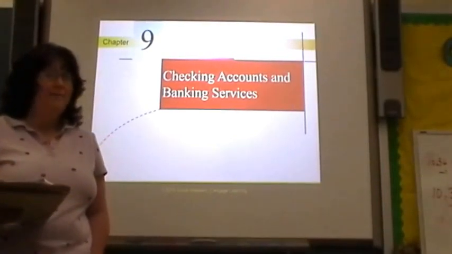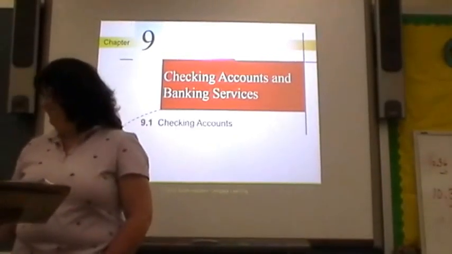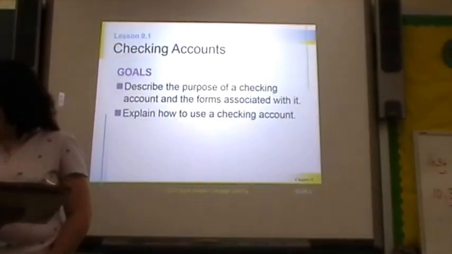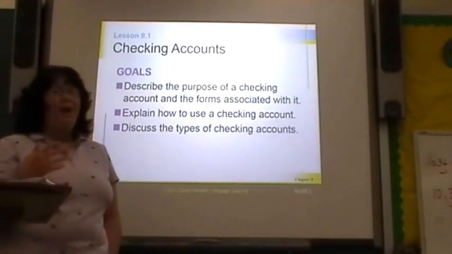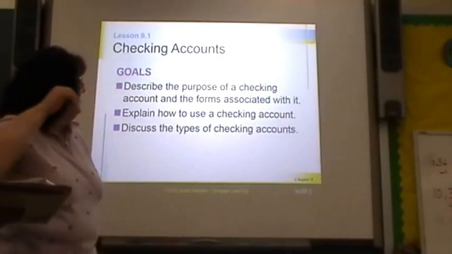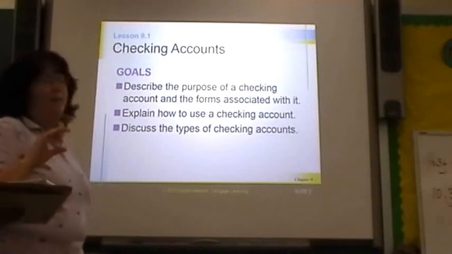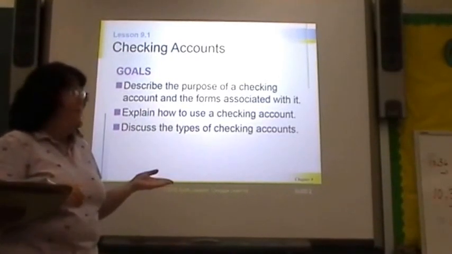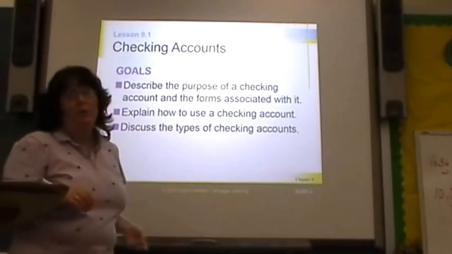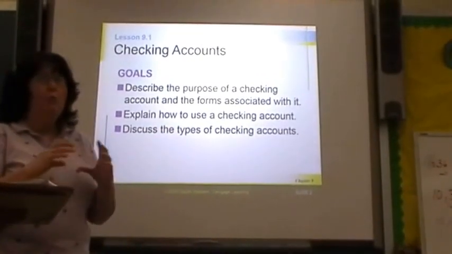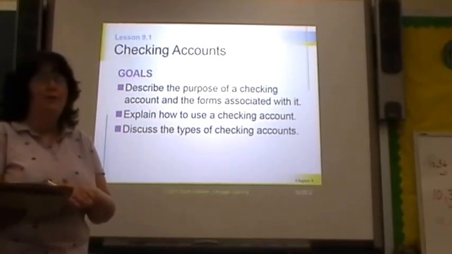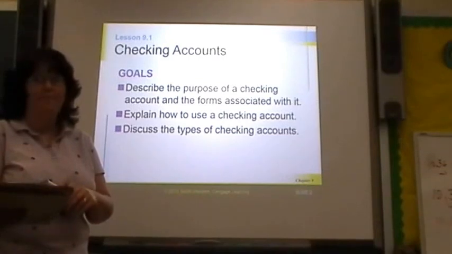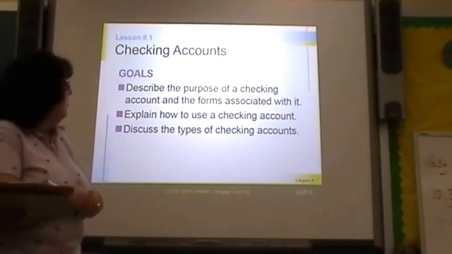So that's a lot of information, so we've got to set our goals out. Remember, we've been doing this. Our goal to come out of this lecture is to be able to describe why we have checking accounts and each one of the forms associated with it, which are standard no matter if you're using a bank or another financial institution like a credit union or a money market account.